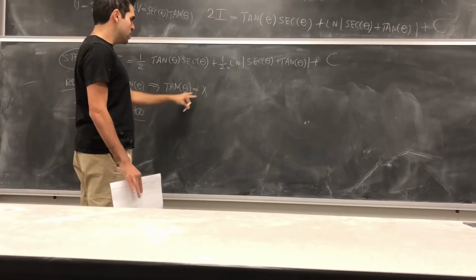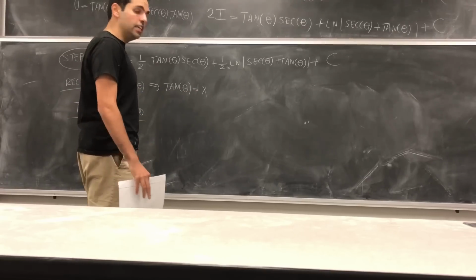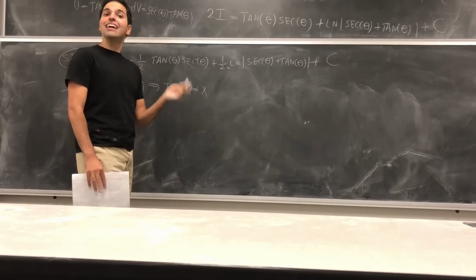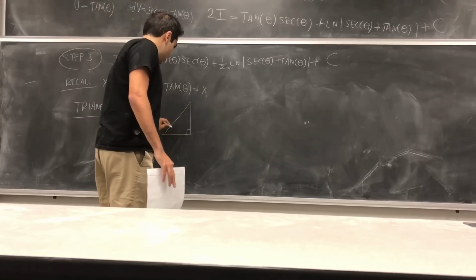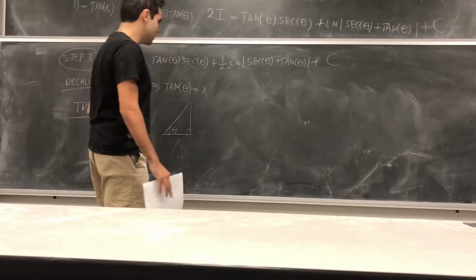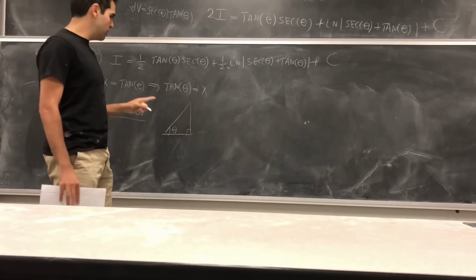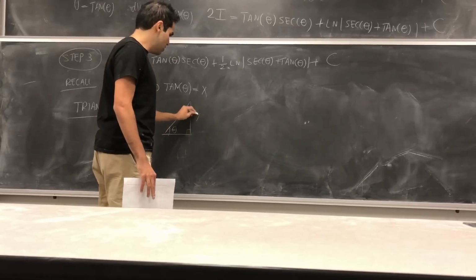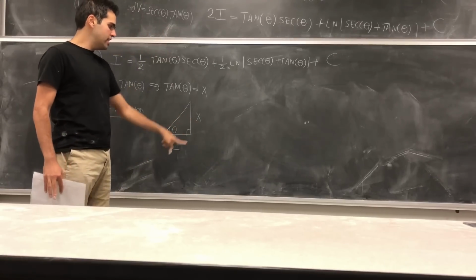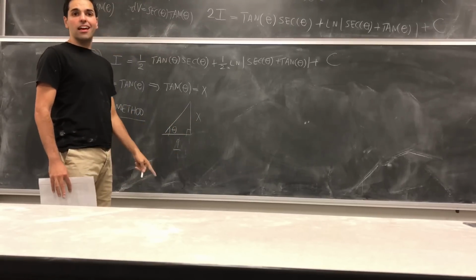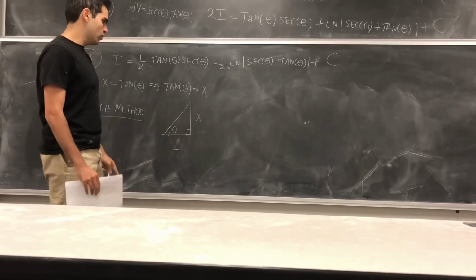It says, find the easiest triangle with the property that tangent of theta equals x. So here, let's say we have a right triangle. This is an angle theta. And tangent, remember, is opposite over adjacent. So in order to have tangent of theta equals x, let opposite be x and adjacent be 1. Then that works.